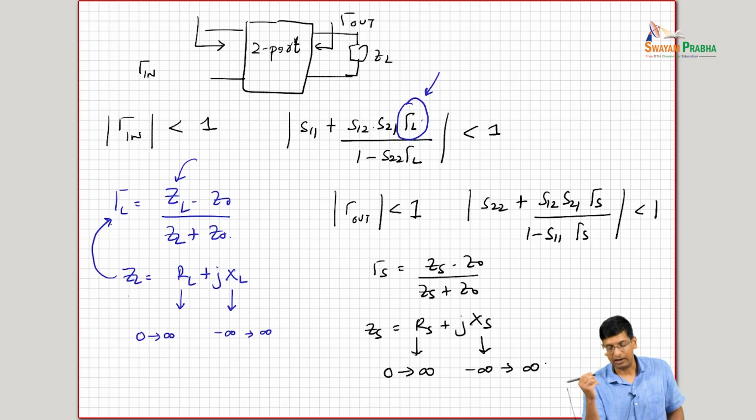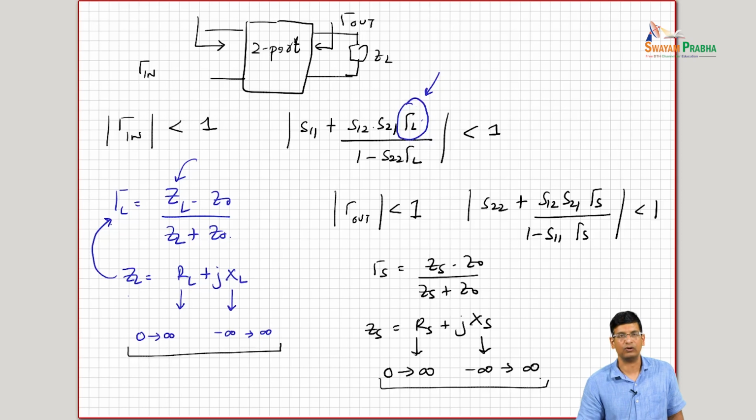Now the question is, you are over-designing the system, because you're saying that RL plus jXL can be any of this, and RS plus jXS can be any of this. What if I decide that I can constrain my system, right?